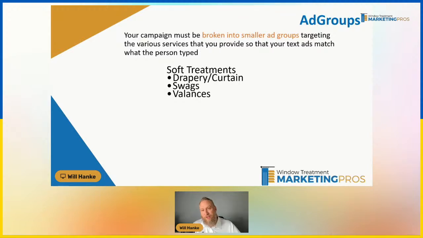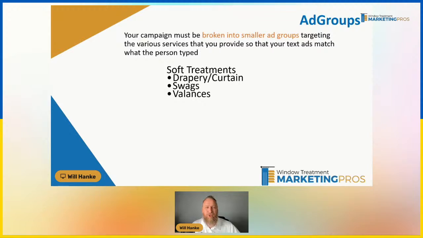And do you have to do this? No, you could lump everything into one ad campaign and run it, but you're probably not going to have great results doing it that way. This method works a lot better. It also shows you what people are not engaging with. Maybe they're not interested in swags, right? Swags are not a thing right now, I don't think.